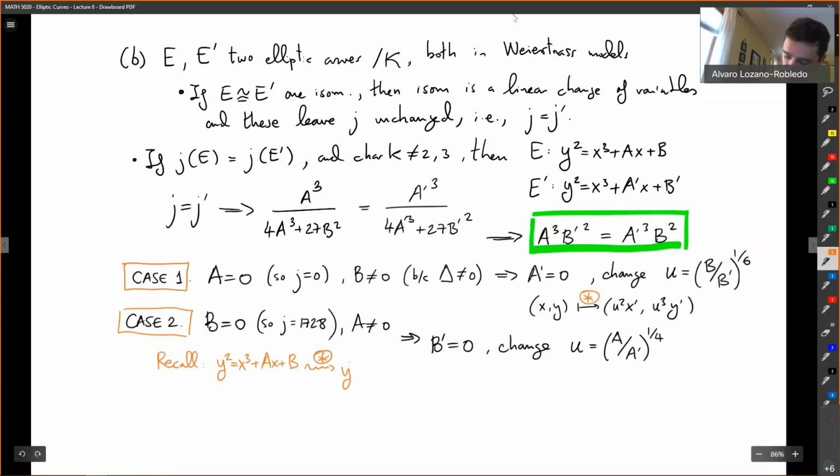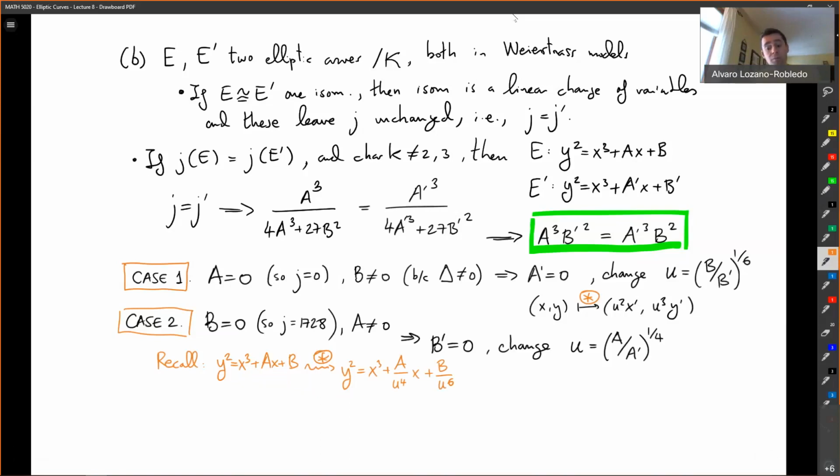It changes to y squared equals x cubed plus a over u to the 4th x plus b over u to the 6th. And then you can see why I want to take a 6th root of b over b prime to change b by b prime when a is 0, why I want to change a by a prime. I have to do a u that is a 4th root of a over a prime to do that.